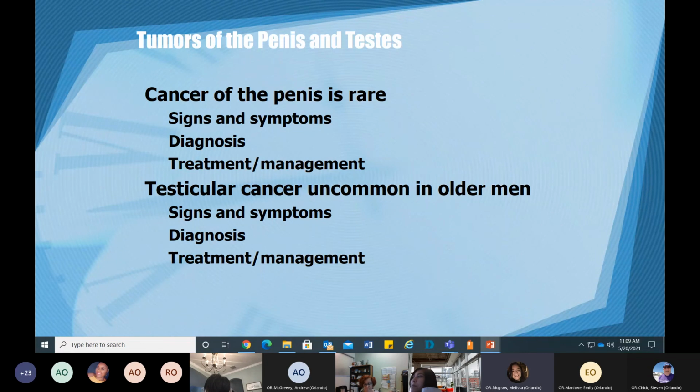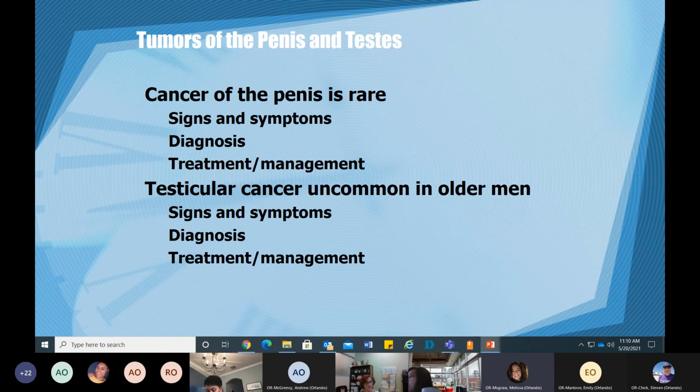So, Professor Stevenson? Yes. I have a question. Is cancer of the penis often misdiagnosed as an STI? Yes. And so that's why they have to do the biopsy? Right. You know genital warts, right? Yeah, warts, but also lesions, it could look like herpes or something.